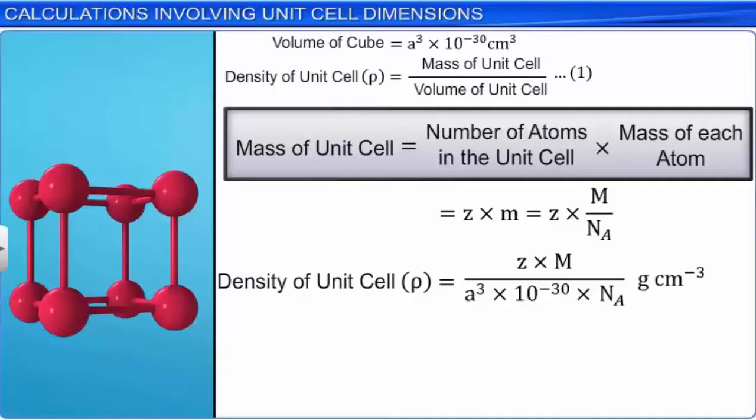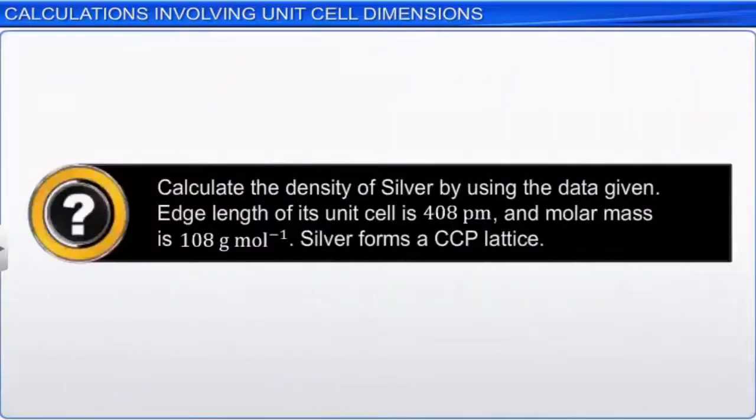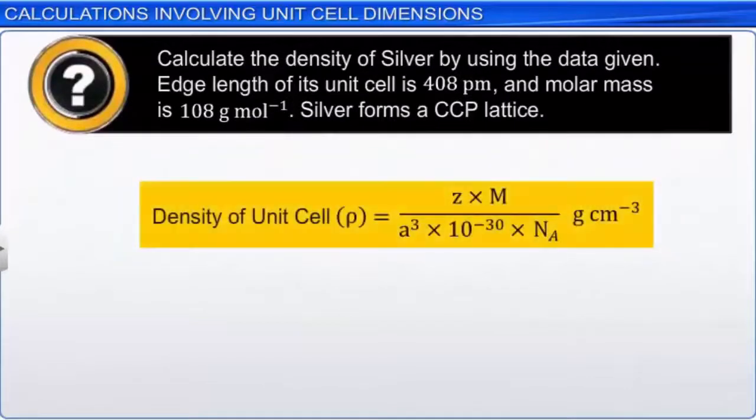Let's work out a problem based on this concept. Calculate the density of silver by using the data given. The edge length of its unit cell is 408 picometers and molar mass is 108 grams per mole. Silver forms a CCP lattice. You know that rho is equal to Z into M upon A cube into 10 to the power minus 30 into Avogadro's number grams per cubic centimeter.